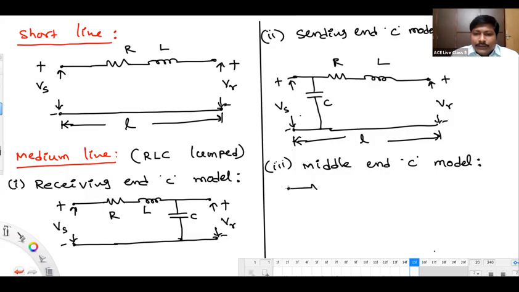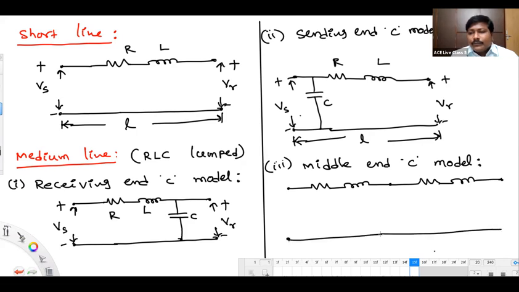So this is plus minus Vs, and here plus minus VR.